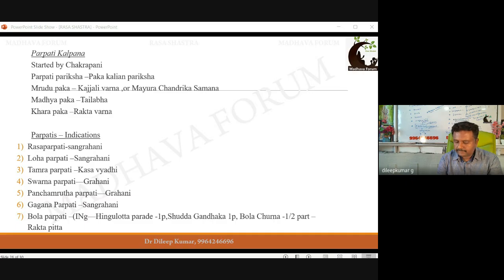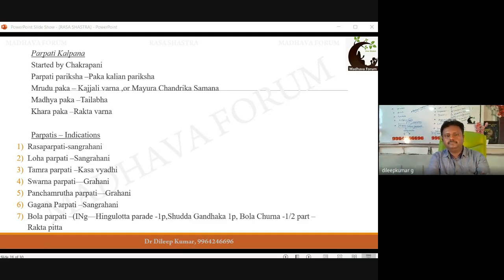Next, Tamra Parpati. The ingredients are Tamra, Parada, Gandhaka and Vatsanabha.